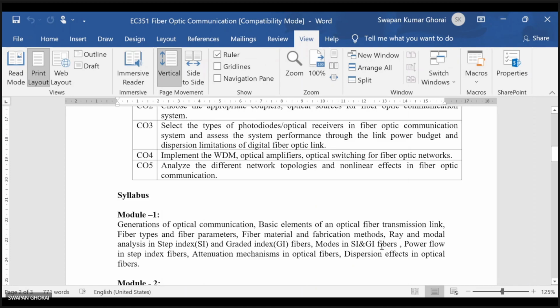Next, we'll see some theoretical concepts of light propagation. I mentioned we can use ray optics analysis, or you can use mode optics. Ray optics is generally used for the multimode fiber, and mode optics is used for single mode fiber. Why it is so, we'll see.